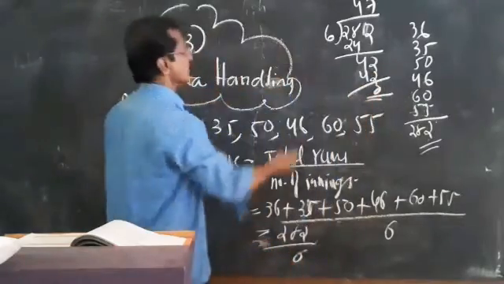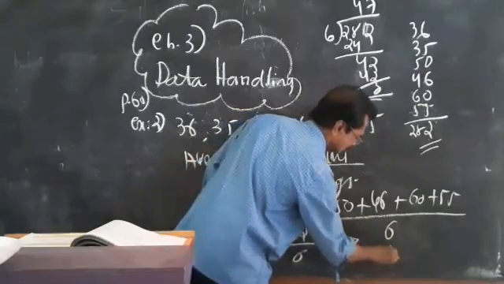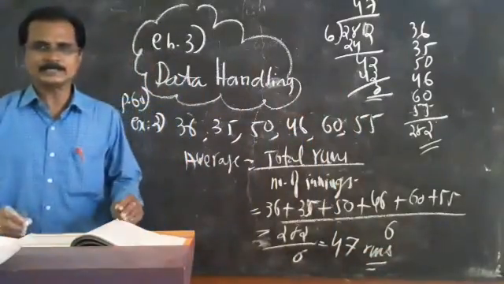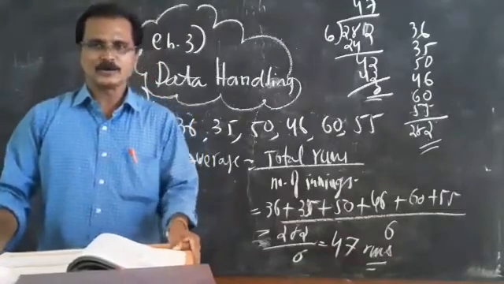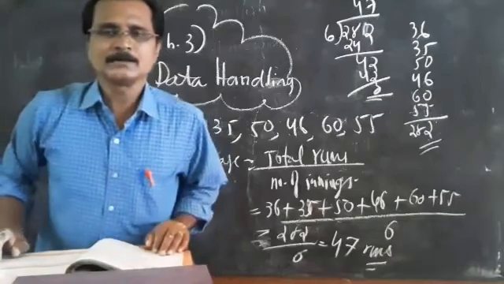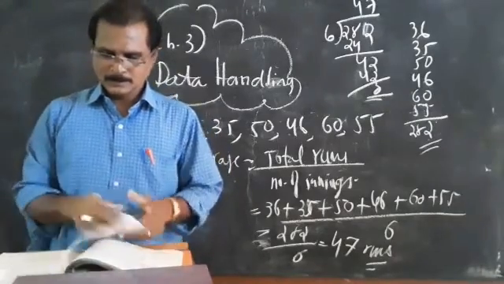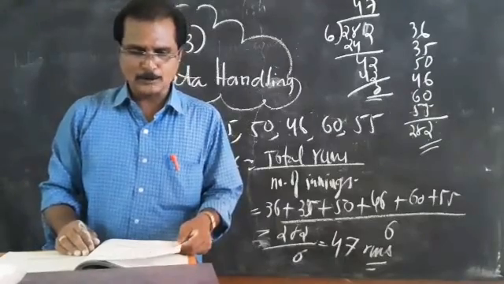So the average is 47 runs. These are the two examples given there, and example 3 is also there on page number 62.